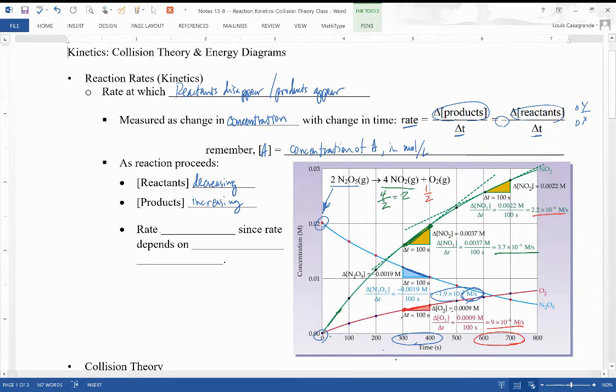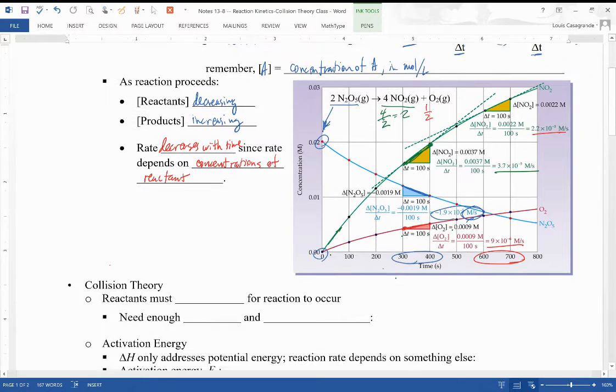So the rate decreases with time, since the rate depends on the concentration, and we'll talk more about this next lesson. The concentration or concentrations of the reactants. Now, we only have one reactant here, so there's only one to worry about, but we are going to see other reactions in which we have more than one reactant. So the concentrations of the reactants.